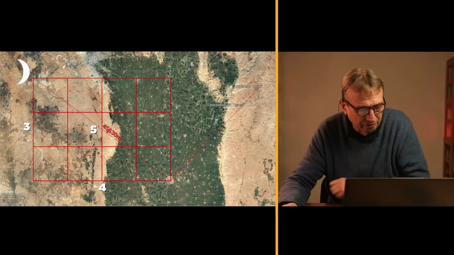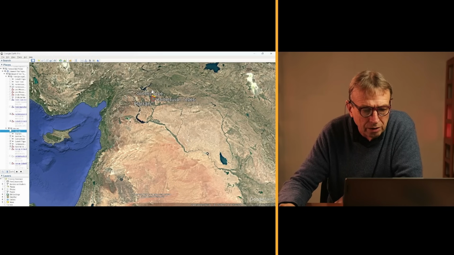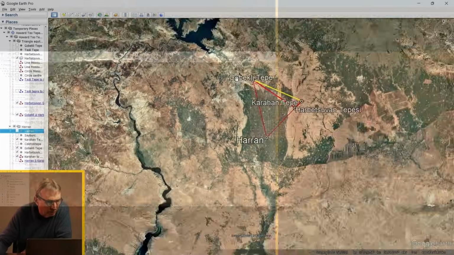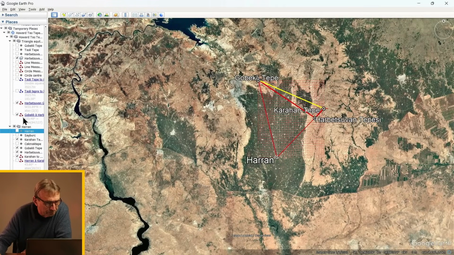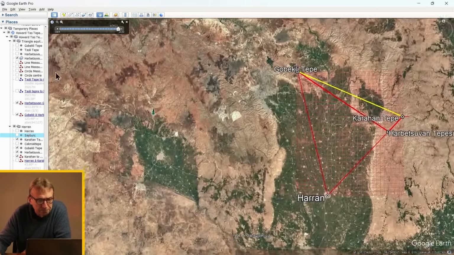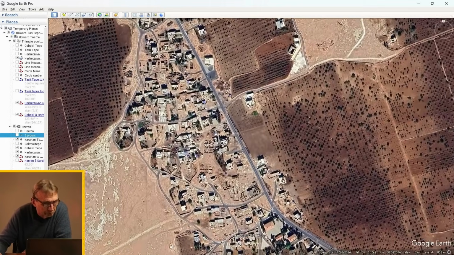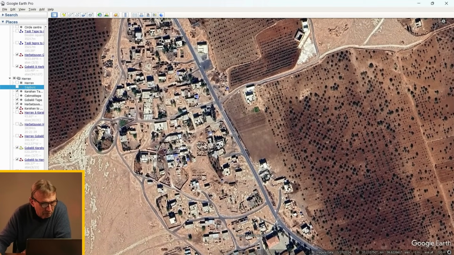So that's very important. I'd just like to show you the precision of this angle. We'll go to Google Earth. Let's go in here to Sayburç. We'll zoom right in. Okay.